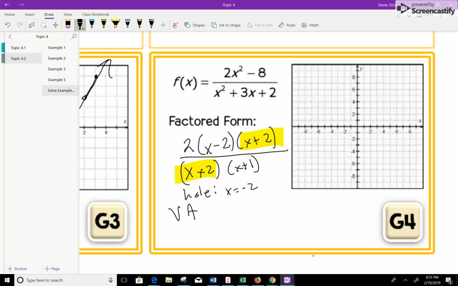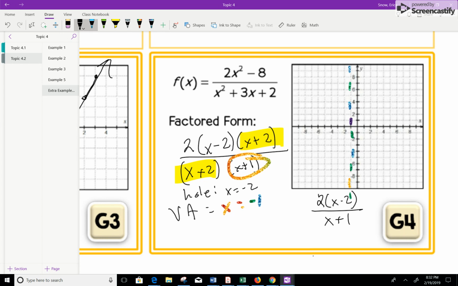And then we have that vertical asymptote at x equals -1. So I'm going to go ahead and put that on here. There's our vertical asymptote. Then when we rewrite our factored form, we get 2 times x minus 2 over x plus 1.